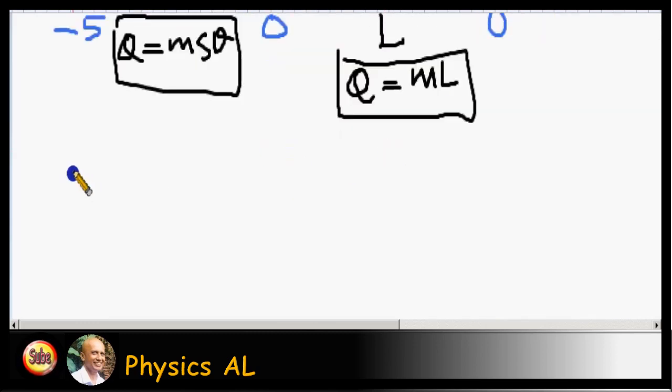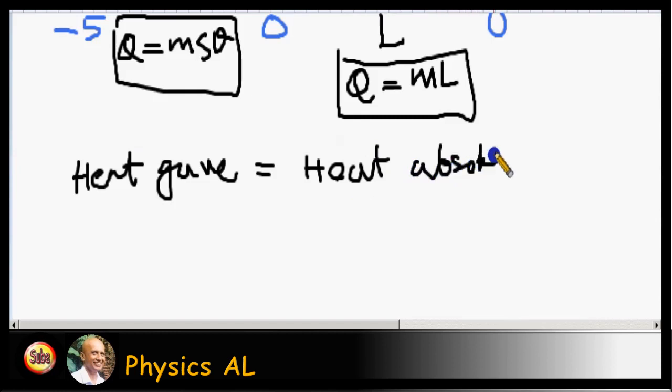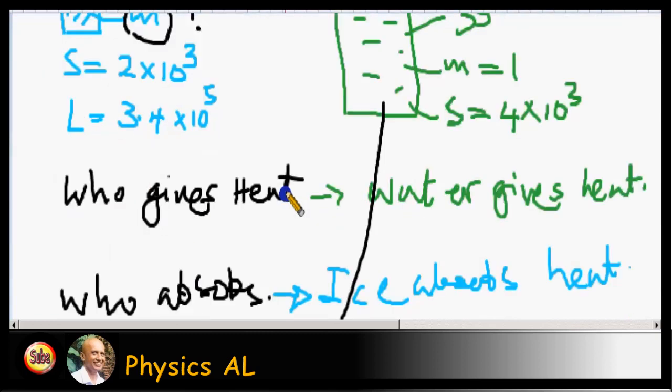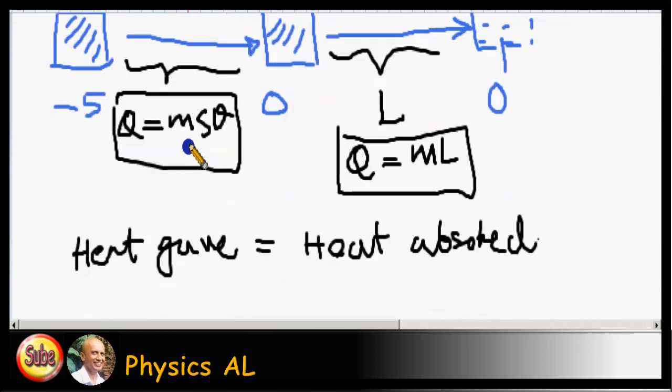Then we can write the final equation, conservation of energy. The heat gained must equal the heat absorbed, because no heat is lost. Assume there is no exchange of heat with the surroundings, only heat exchange between this water and the cube of ice.